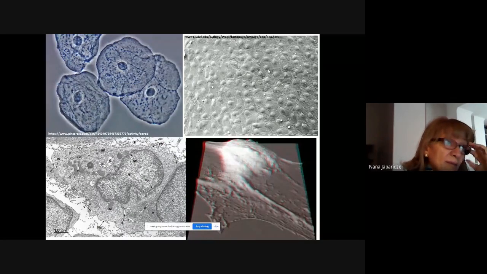This is a TEM image of this cell. Look, this is only one cell here, which is fully represented in the tissue sample.